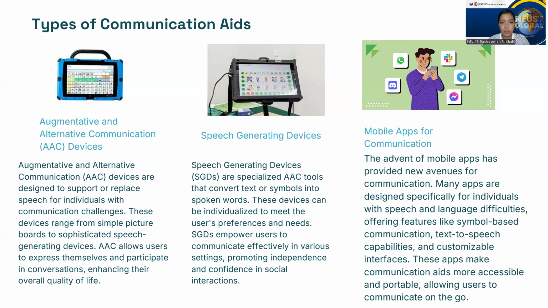These apps make communication aids more accessible and portable, allowing users to communicate on the go. These devices and tools enable individuals with speech impairments to communicate more effectively, improving their independence and quality of life.